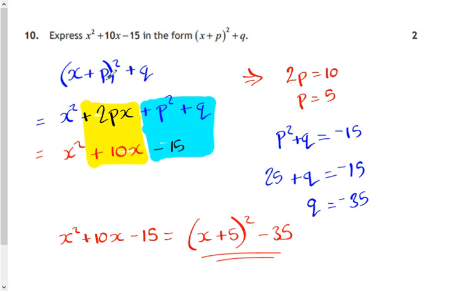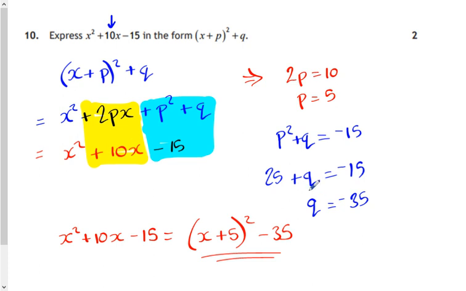Now the shortcut method for this is to look at this middle number here and half it. That goes inside the bracket. Then square that to get plus 25 and work out what you need to do to 25 to get back to negative 15. So 25 minus 35 gives us our negative 15.